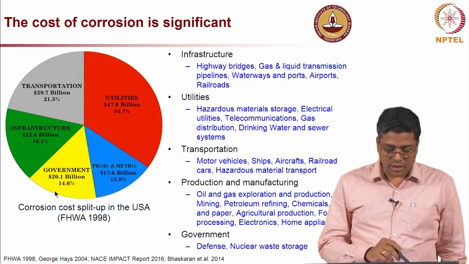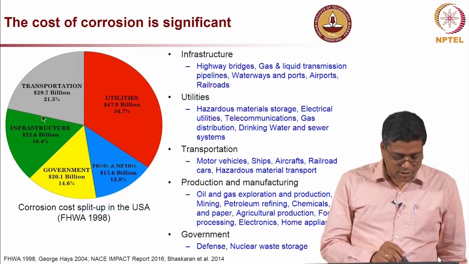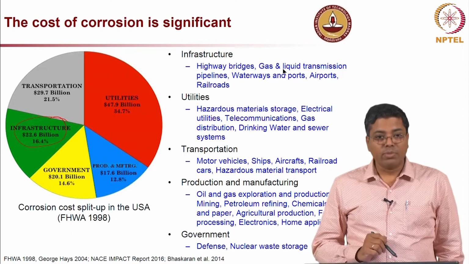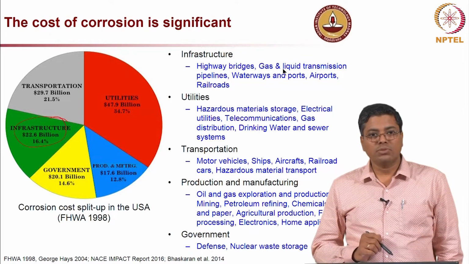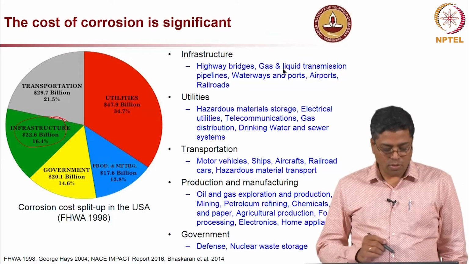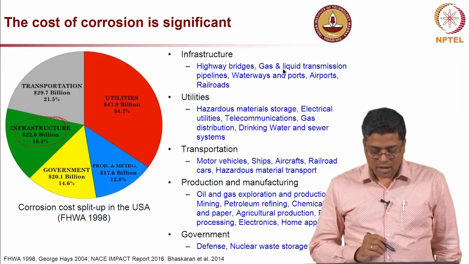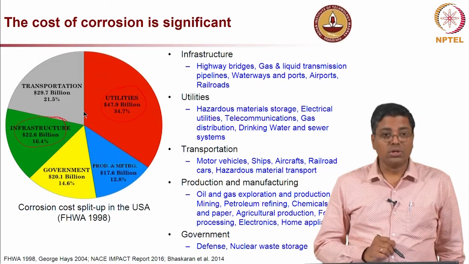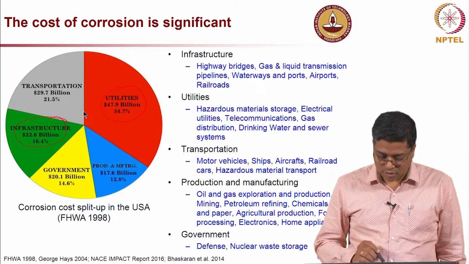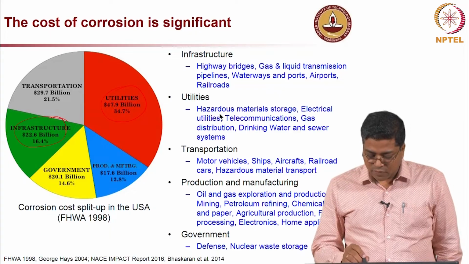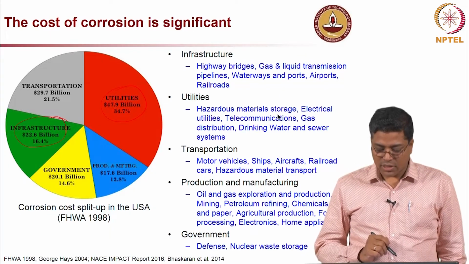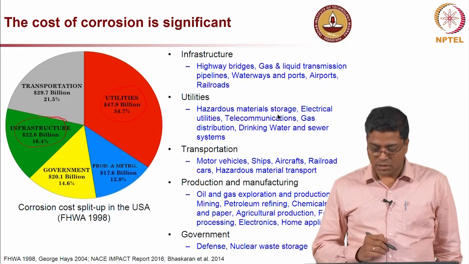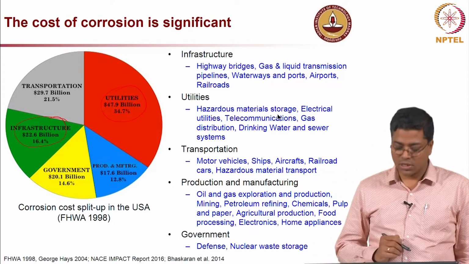What you see here is, if you look at the infrastructure, which is the green one here, you can see it is covering highway bridges, gas and liquid transmission pipelines, waterways, ports, railroads, etc., and utilities, which is this one, which covers about 35% of the cost of corrosion. That covers different hazardous material storage facilities, electrical utilities, telecommunication, gas distribution, drinking water, sewer systems.